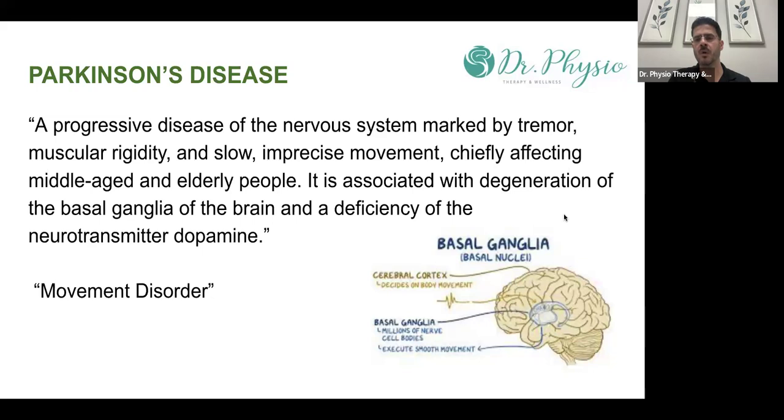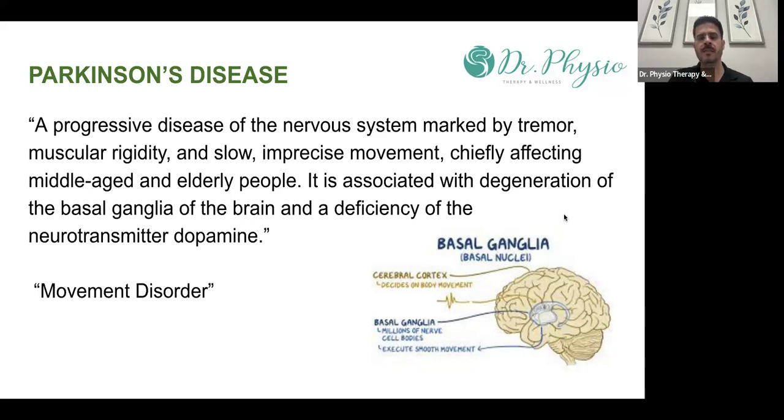We know it's mostly related to aging; when you get older, you have more chance to have it. However, we have young onsets, which we're going to talk about: people under 40s, 30s, even teenagers presenting symptoms with Parkinson's disease. It's getting more and more common.